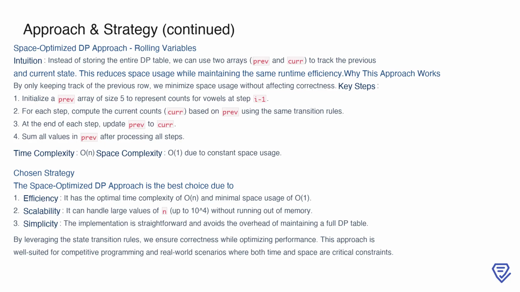After calculating cur based on the transition rules, we simply update previous to hold the values of cur for the next iteration. At the end of the process, the total number of valid strings is obtained by summing the values in previous. This approach retains the same time complexity of O(n), while reducing space complexity to O(1), since we no longer need to store the full dp table.